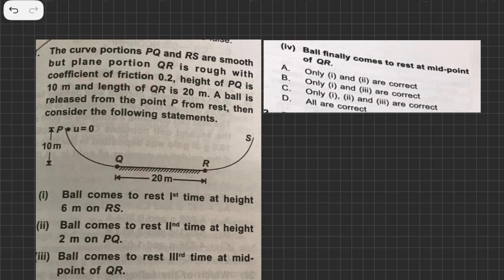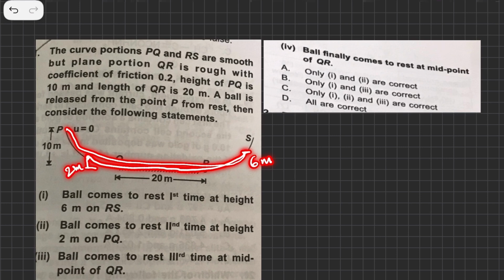So a lot of combinations of answers are given, so I'll explain all four options in a very short manner. They are saying that the ball is going to get released and go up to this point, which would be 6 meters as in the first option. Then the ball is going to go like this and rise to 2 meters from the ground.